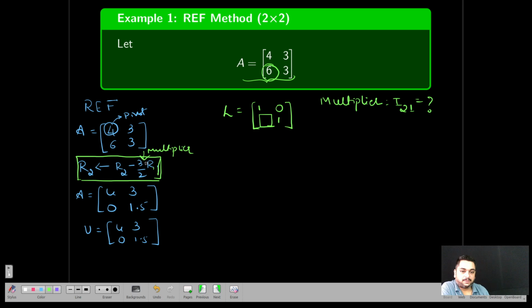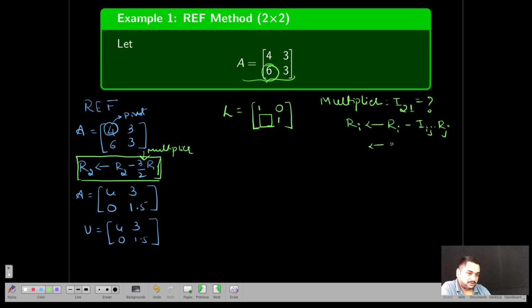This is my multiplier 3 by 2. Now what is the standard form? What have I done here? R2 means Ri, let us say a matrix Ri. I reduced it as Ri minus Iij into Rj. Here i is 2 and j is 1 in this example.